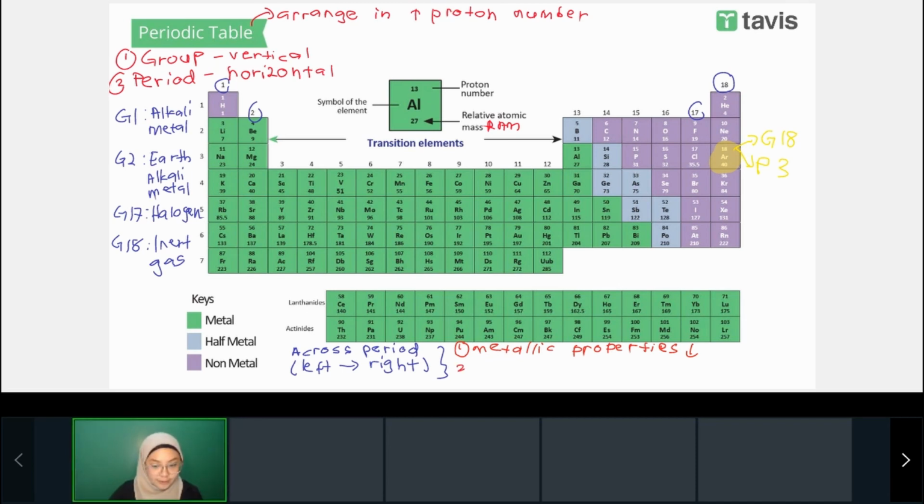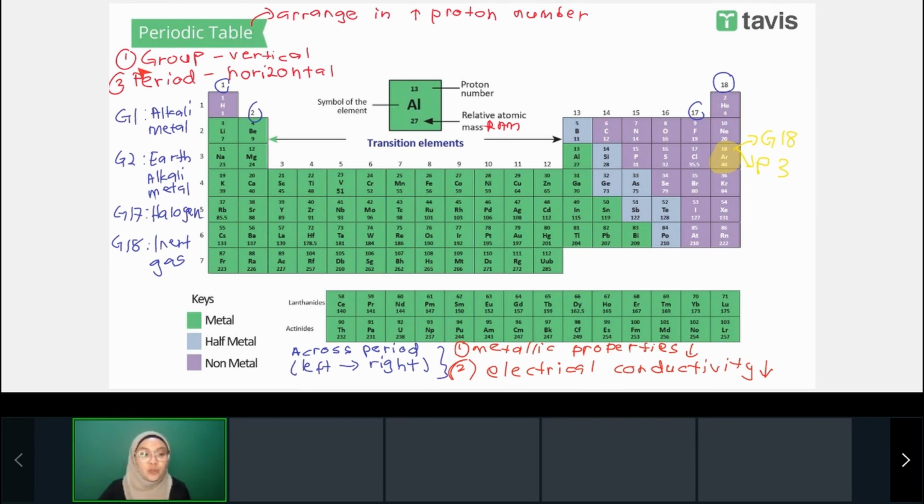The second one, electrical conductivity decreases. You only have to remember all of these things that I talked about, which is how the periodic table is arranged. It is arranged in increasing proton number.